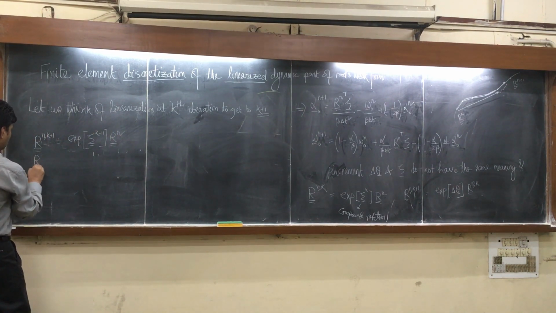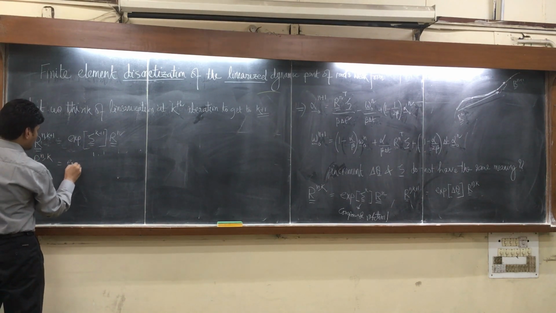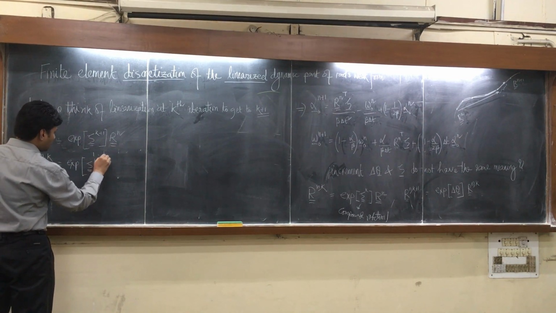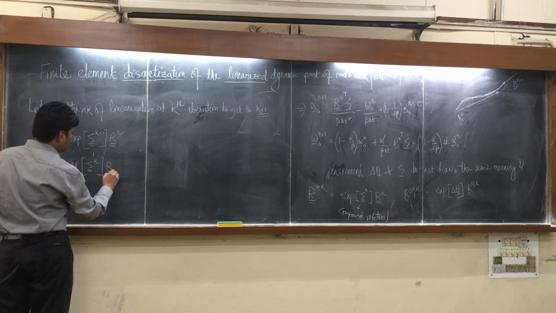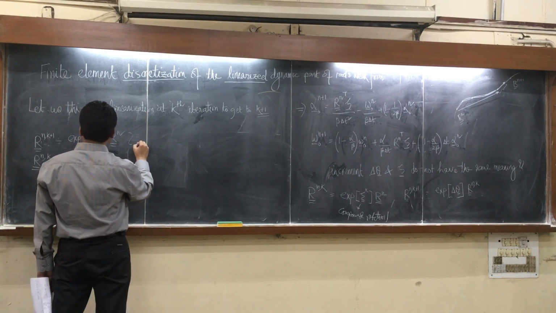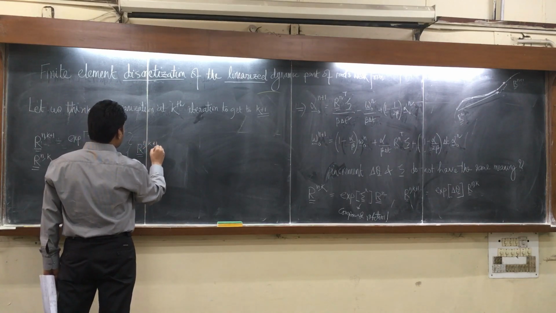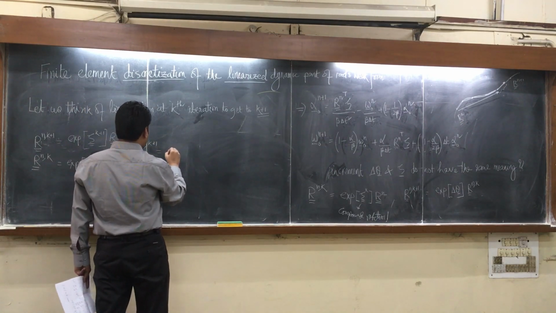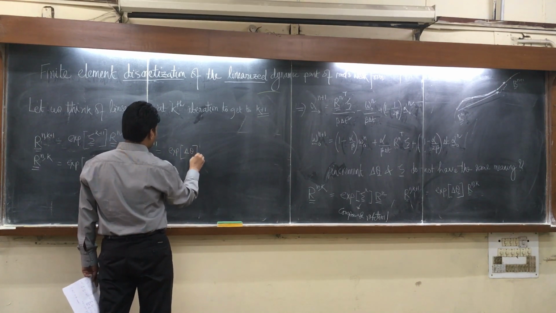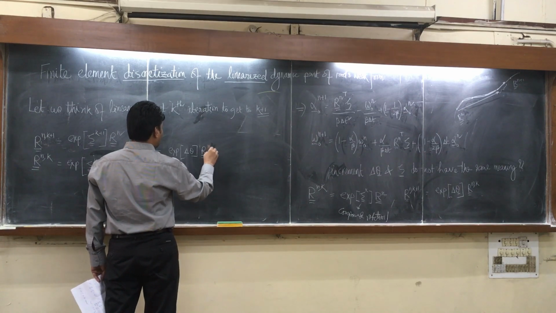And then R of n comma k is exponential of zeta of k into Rn. This also we know. And similarly, we also know that R of n comma k plus 1 is actually exponential of delta theta into R at n comma k.